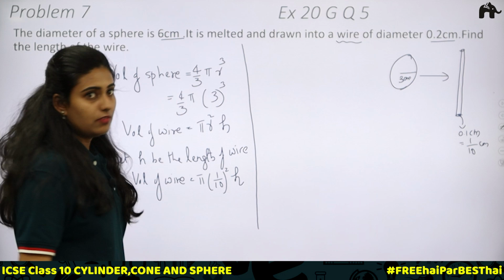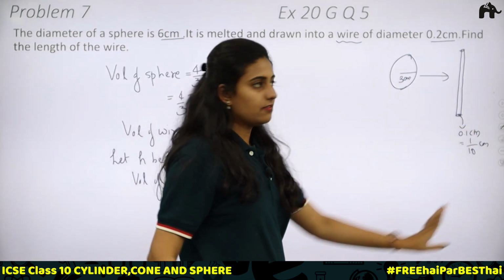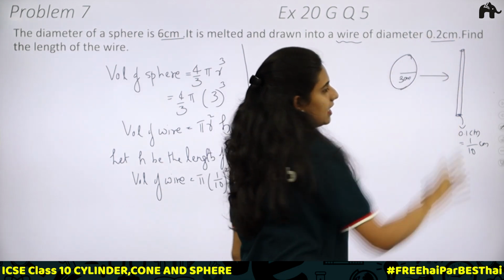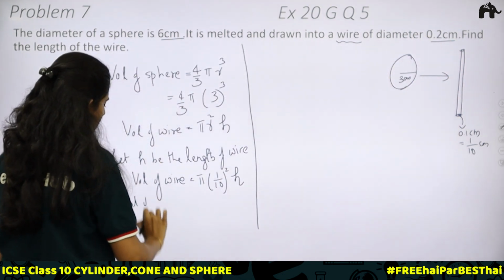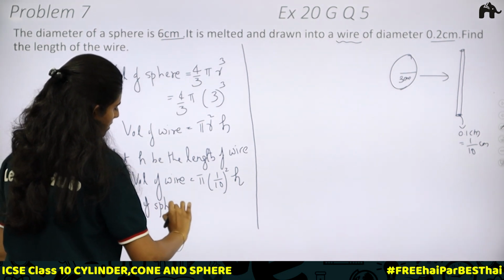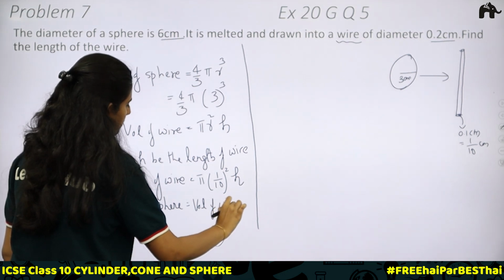We'll be having volume of sphere is equal to volume of wire. Why? Because from the sphere, this wire is made by melting. Volume of sphere is equal to volume of wire.